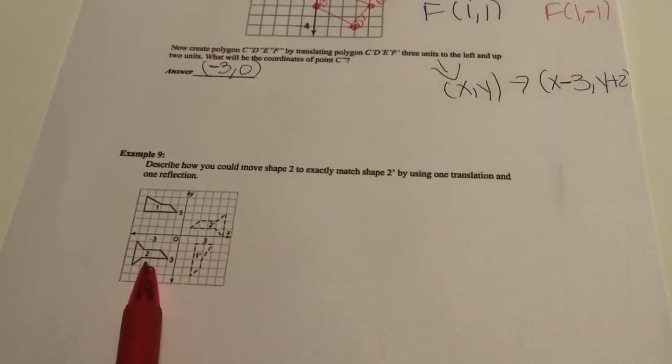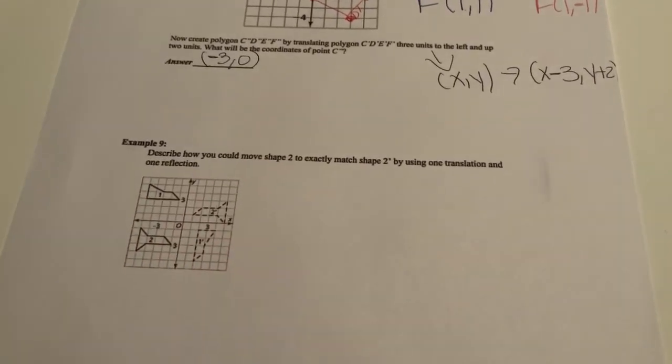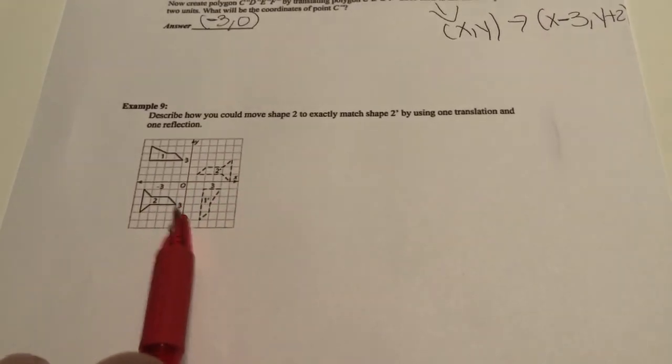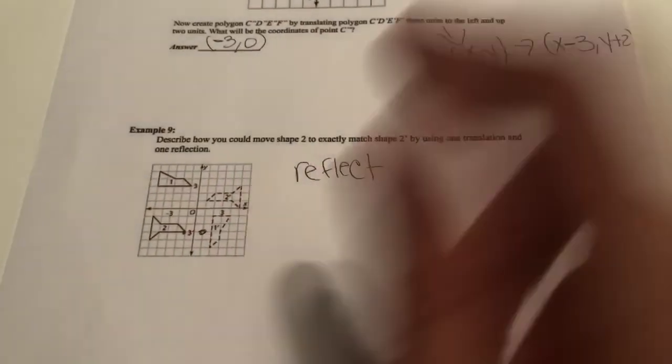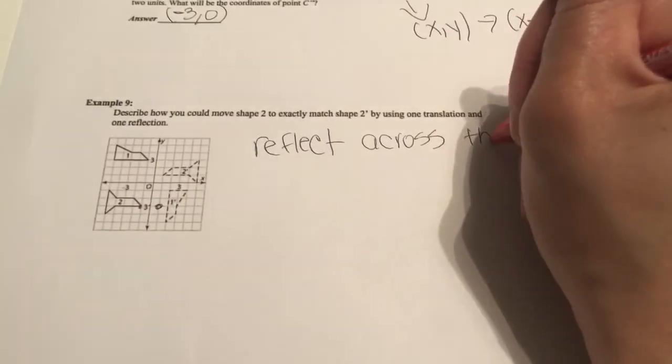Next, describe how you move triangle, image 2, shape 2, to match the new shape 2 by using a translation and one reflection. What I notice now is that it's on the opposite side. If I know it's on the opposite side, this is 1 point away from the y-axis, and this is 1 point, so I will first reflect across the y-axis.